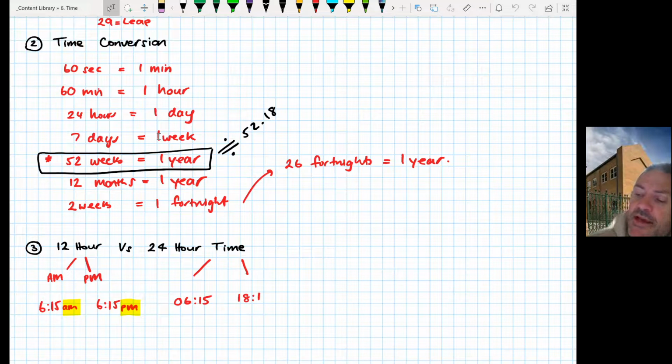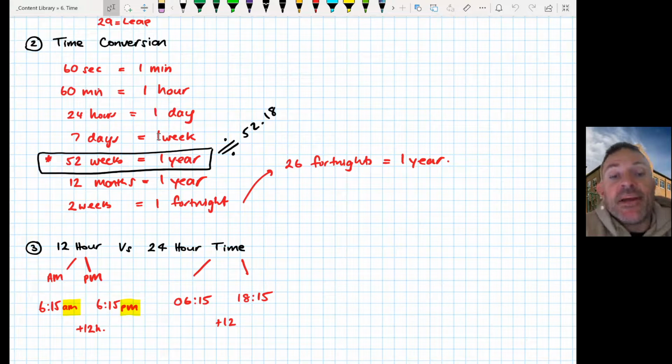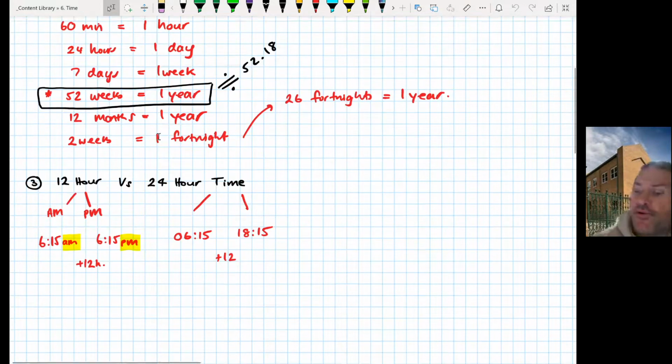Now remember, thinking about from 6:15 AM to 18:15 PM, there's always a 12-hour time difference. So you can see really quickly to go from your, I guess, 24-hour time to 12-hour time, and you know it's PM, you can subtract 12, or if you know it's PM, you can add 12, and it works out really nicely. But again, most of you will simply learn it by rote, okay?